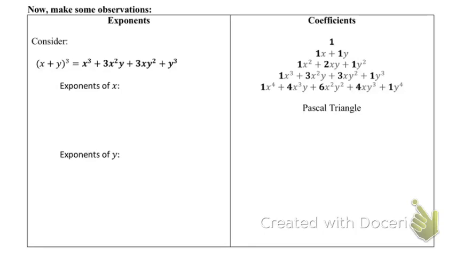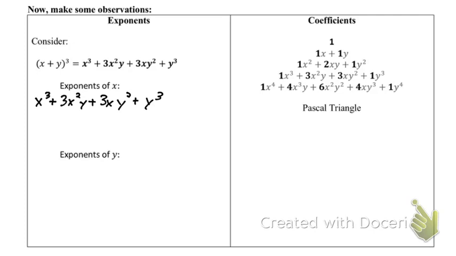So if we look at just the exponents of our x's, look at this. We have x to the third plus 3x squared y plus 3x y squared plus y cubed.